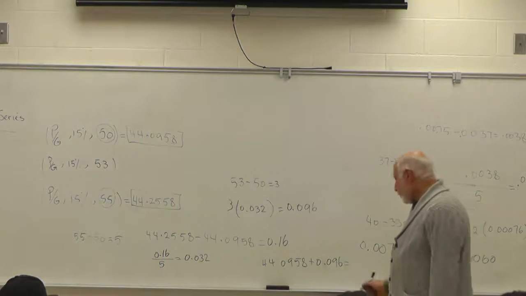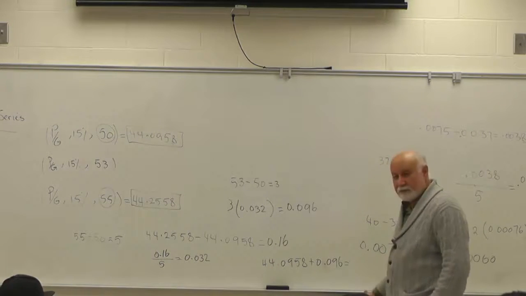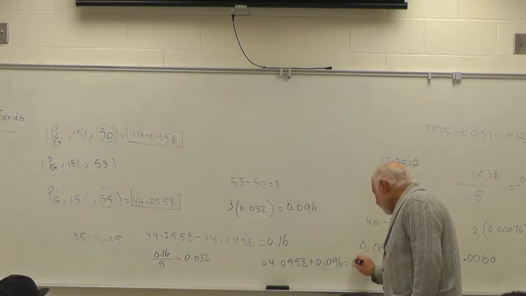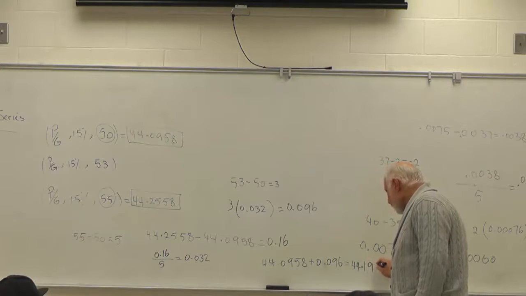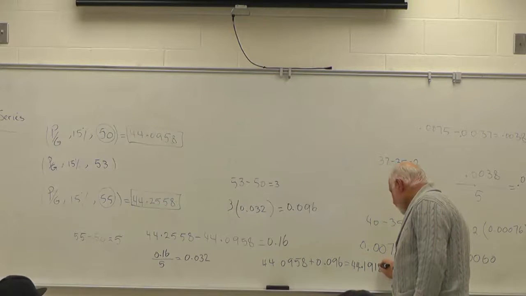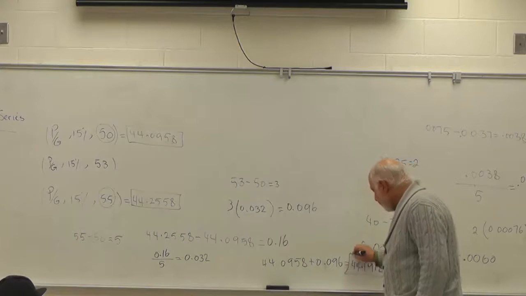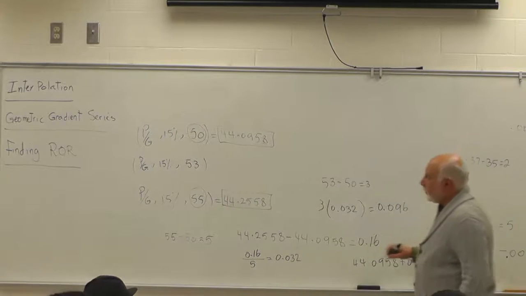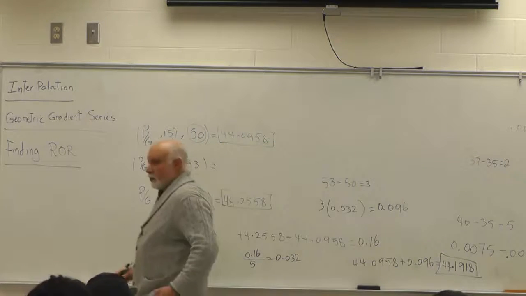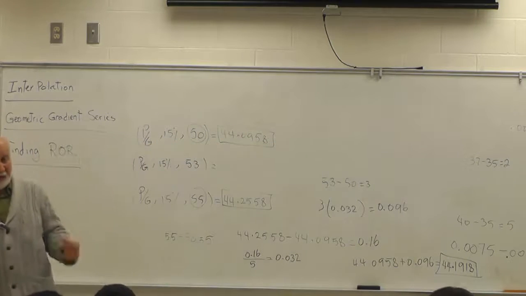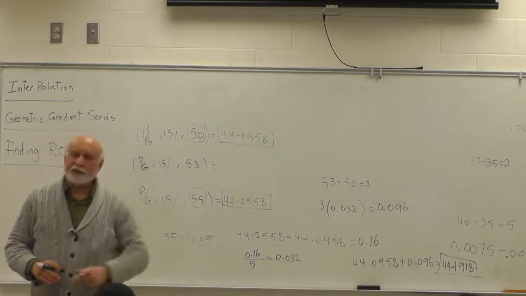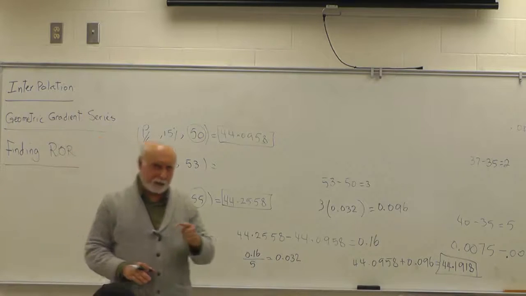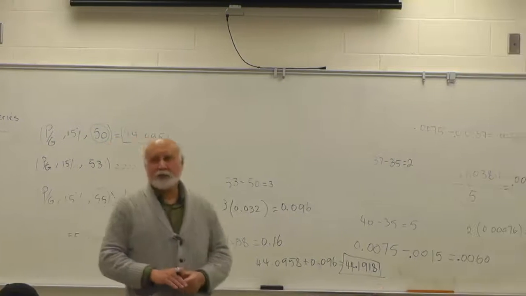And that number, which is going to be 44.1918, is the interpolated value for this number. In reality, that may not be exactly the right number. If you put them in the formula, the formula will give you the exact number.